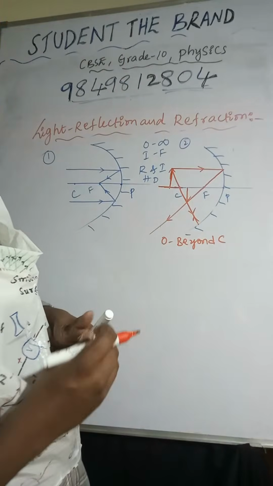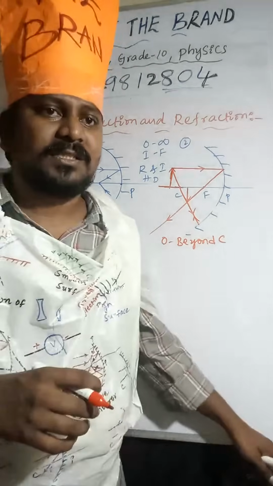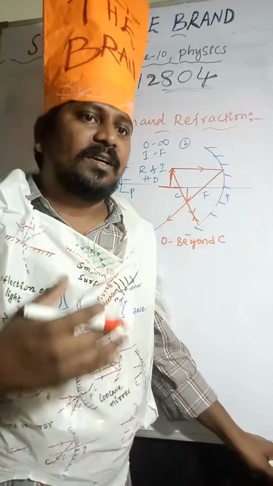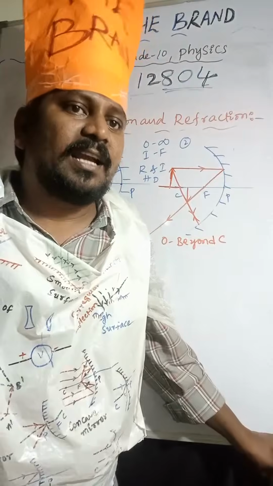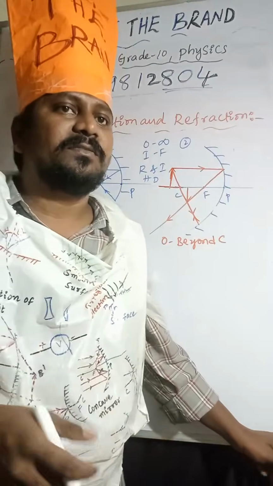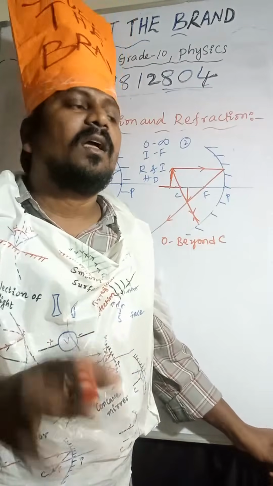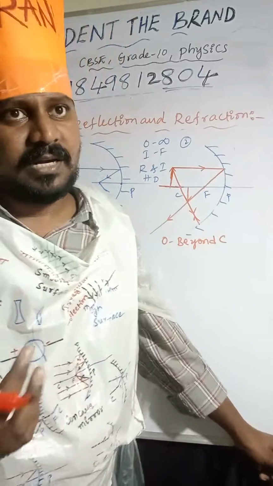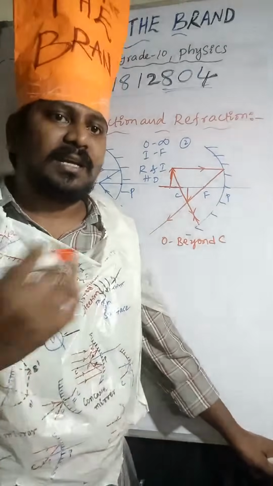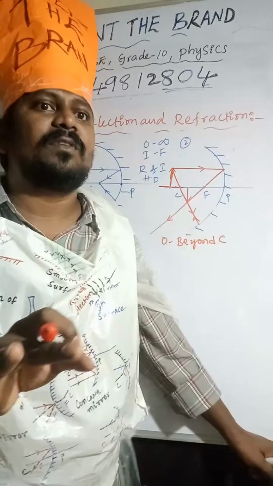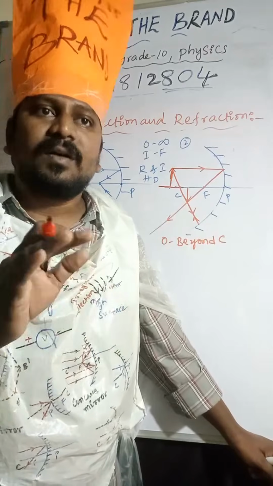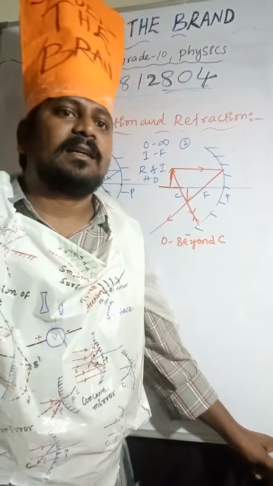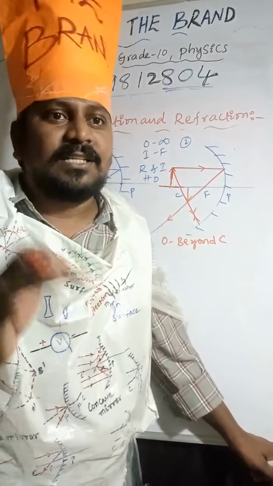Diminished in the sense, Star Gaming, you have many questions from the start onwards. Sir, keep on posing the questions. Yes, it is for grade 10, light reflection and refraction. I'm teaching for grade 10 now. Grade 12 students also can listen because it will be helpful for them also. It is in the optics chapter.